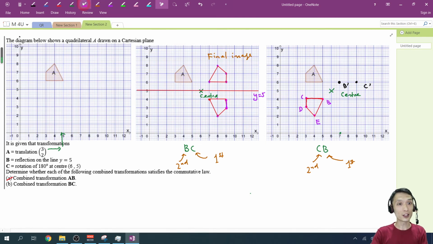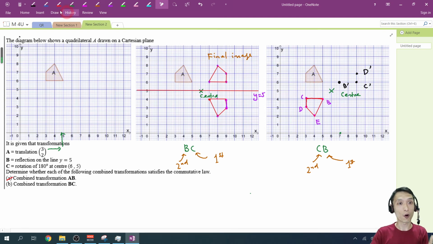Okay, do the same thing for the rest of the points. So this is point D prime.